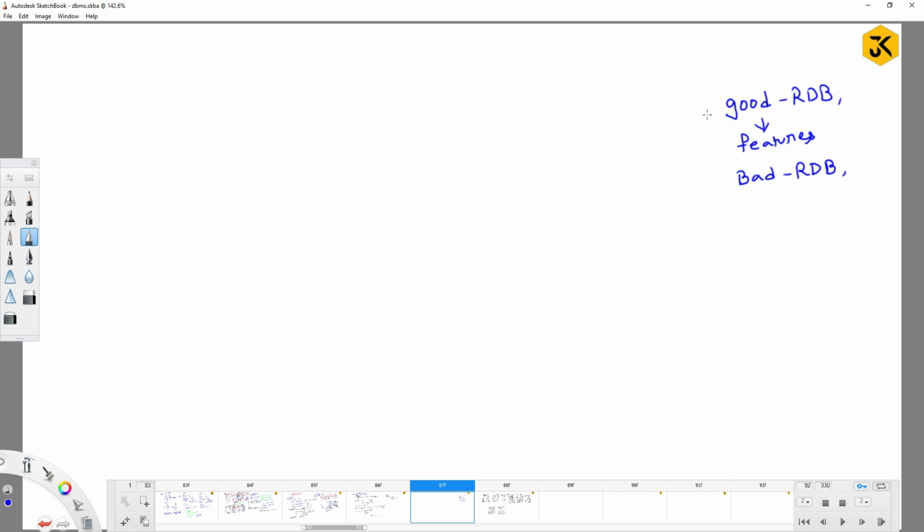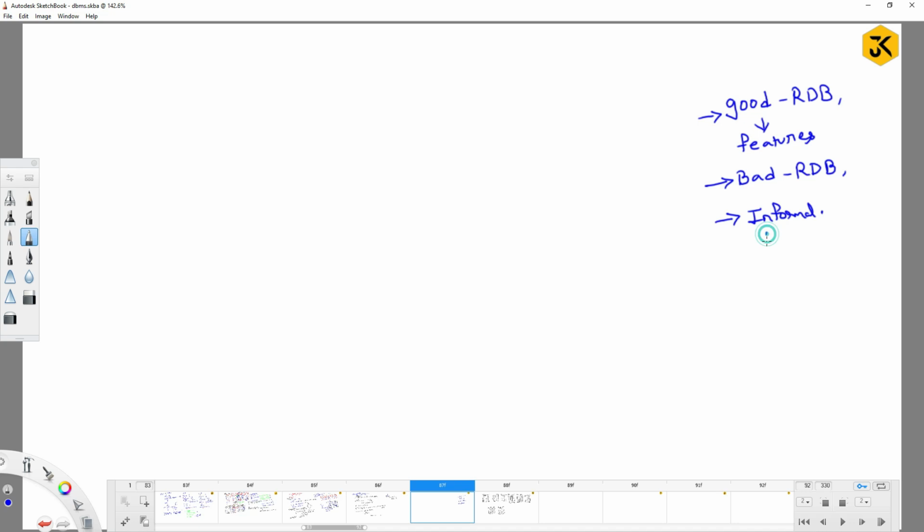So like this we have seen various kinds of features with respect to a good relational DBMS as well as a bad relational database. Okay, and we have also seen various kinds of guidelines. We can generally call them informal guidelines because we can define them with the help of basic intuition only. That's why we say those are informal guidelines.